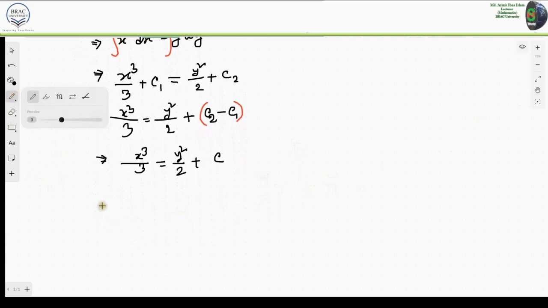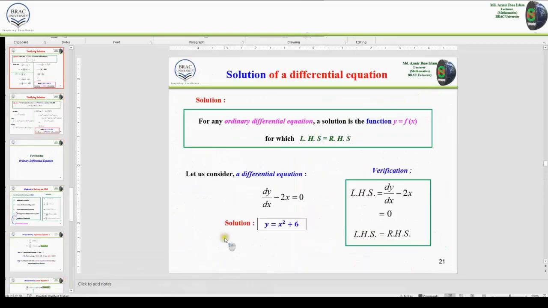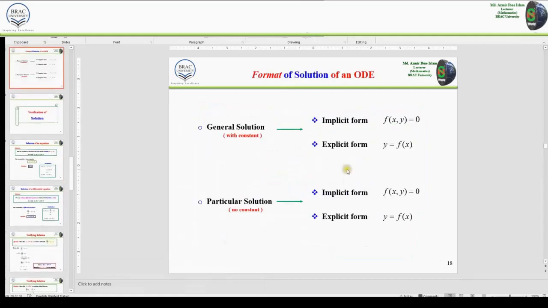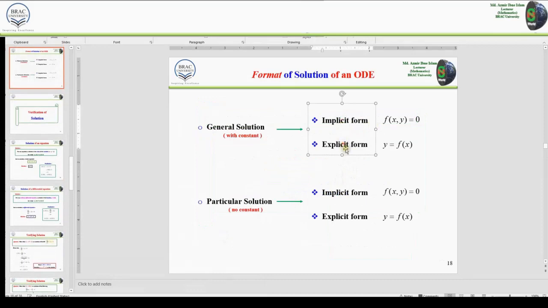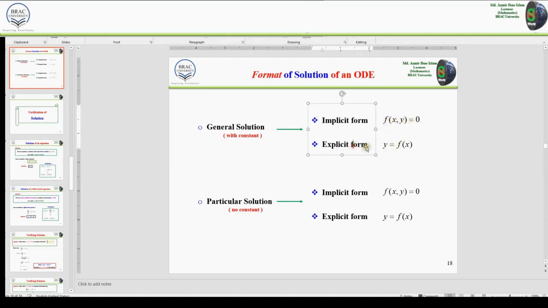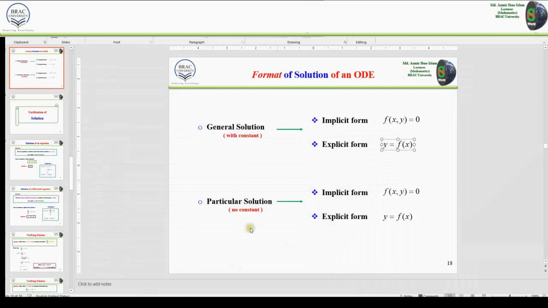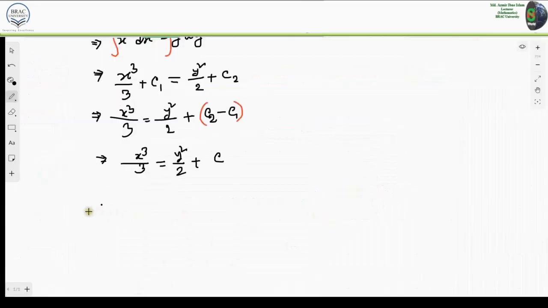So now this is our general solution because it involves a constant c. Have a look at the format of the solution. You can see we have two formats, implicit form and explicit form. Implicit means f of x, y equal to 0, and explicit means y equal to f of x. So we can keep the solution in either format. Let's see.